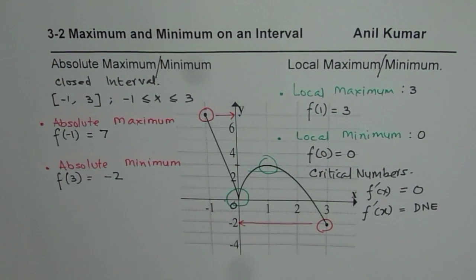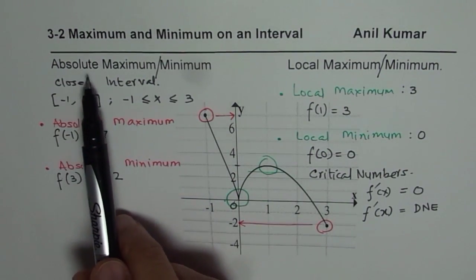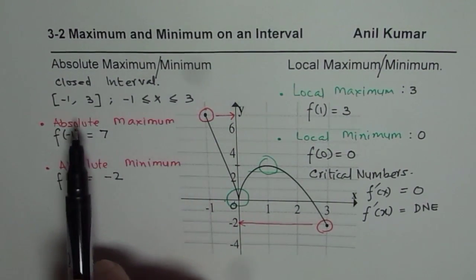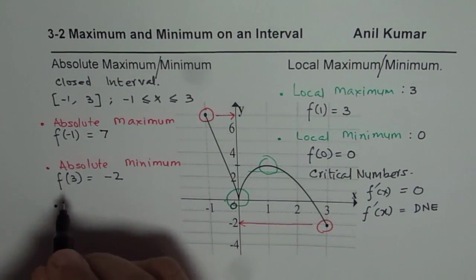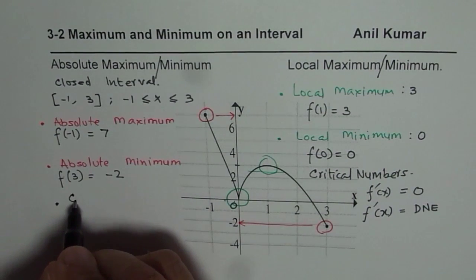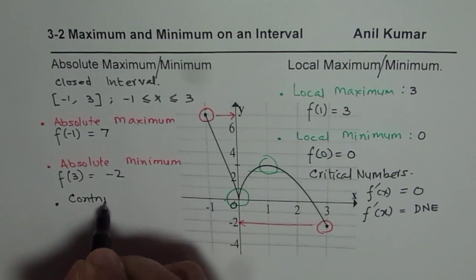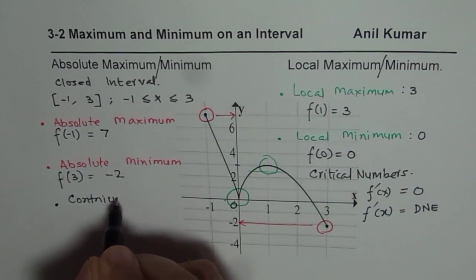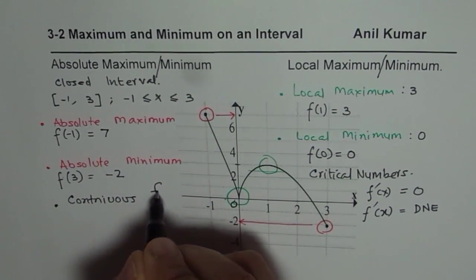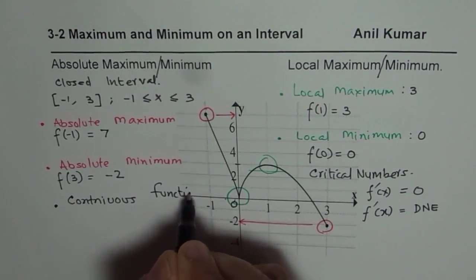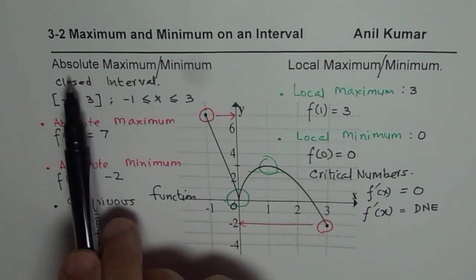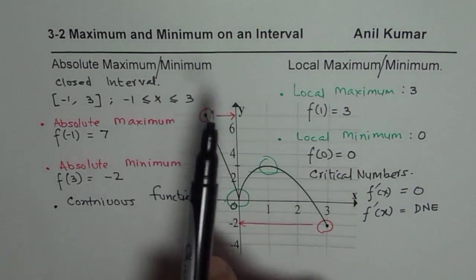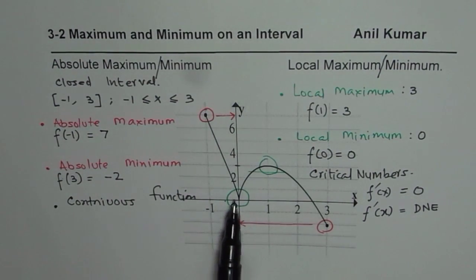Okay. Now, whenever we talk about absolute maximum and minimum, we have to consider a closed interval. And another thing which we need to consider is that the function should be continuous. So whenever we say in this interval we are looking for absolute maximum or minimum value, then the function should be continuous.